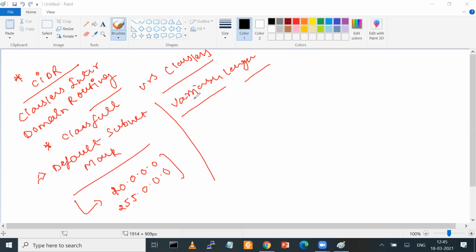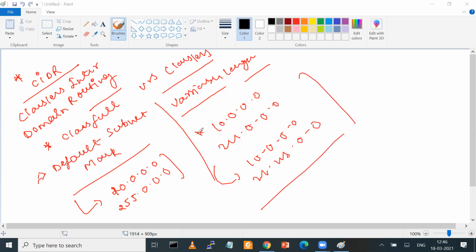But in the case of classless, it can be any subnet mask, 255.0.0.0 or I can write 255.255.0.0 also. So this is your classless.